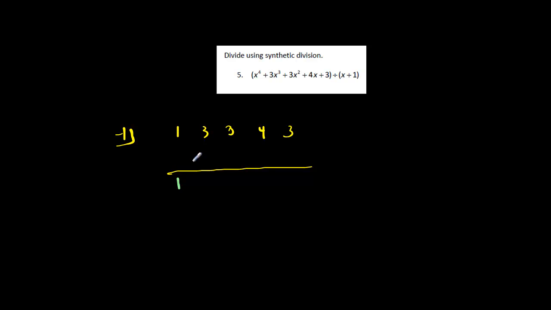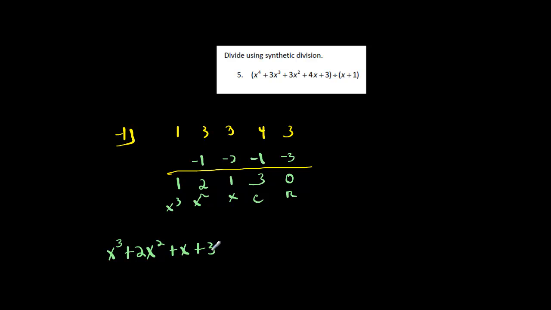Negative 1 times 1 is negative 1. Add down. Multiply. Add down. Multiply. Add down. Multiply. Add down. Remainder, constant, x squared, x cubed. So your answer is 1x cubed plus 2x squared plus x plus 3.